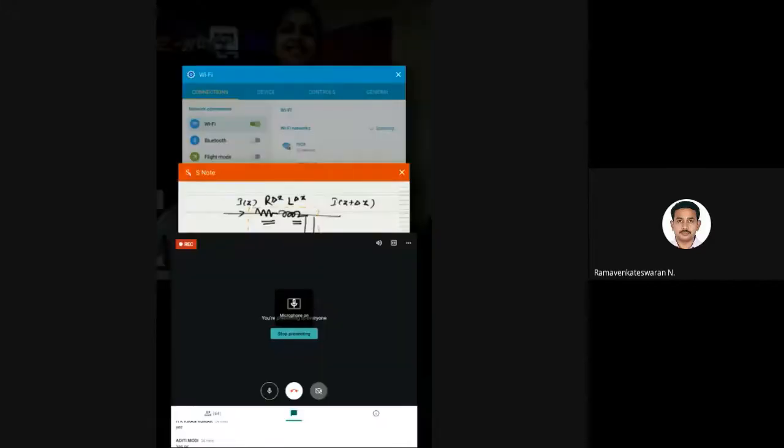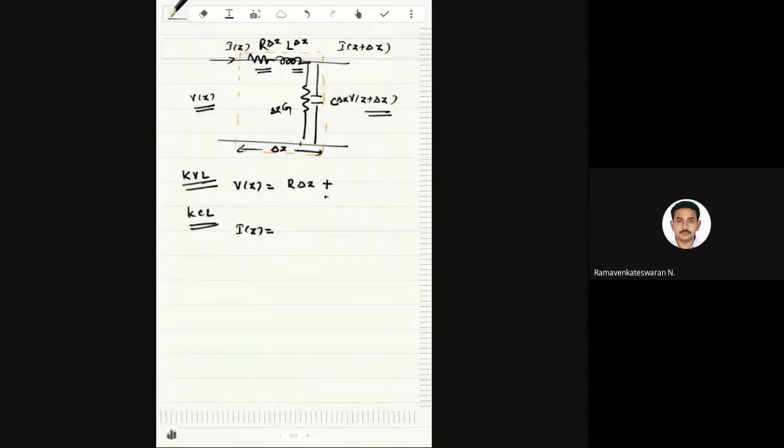Excuse me for that. So how to write this KVL and KCL? V of Z, the supply voltage, equals the voltage drop across the resistor, R into I, V equals IR, right? The current across this resistor is I of Z. How to write the voltage drop across the inductor?